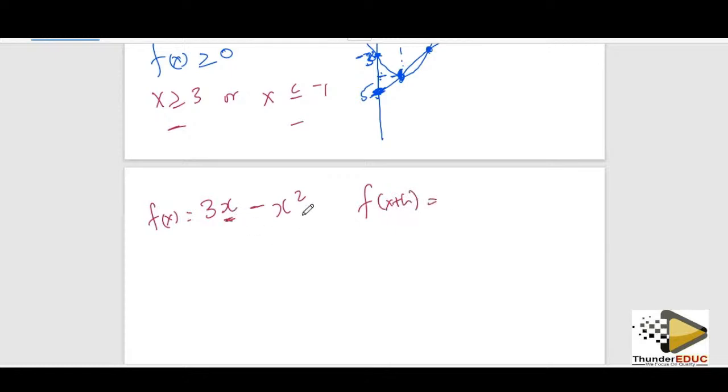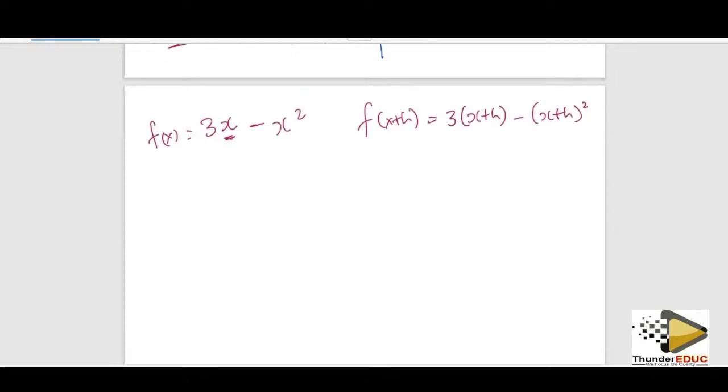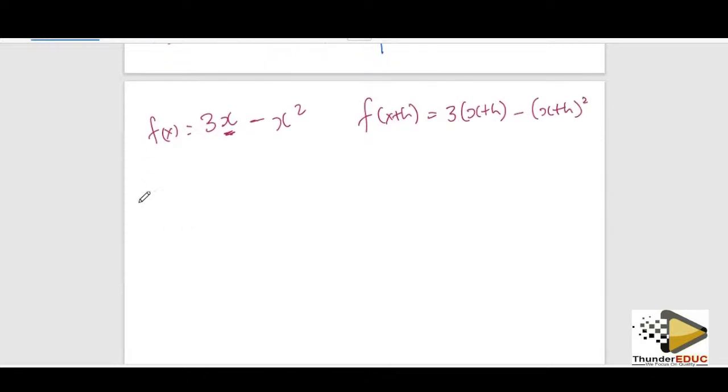So where there is x, replace with all of that. So that is 3 into x plus h minus x plus h squared. And then we go on and substitute into the formula. We know that f prime of x is given as the limit as h tends to 0 of f of x plus h minus f of x, and then I'll divide by h.